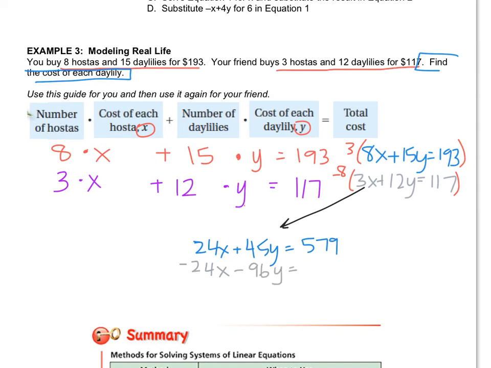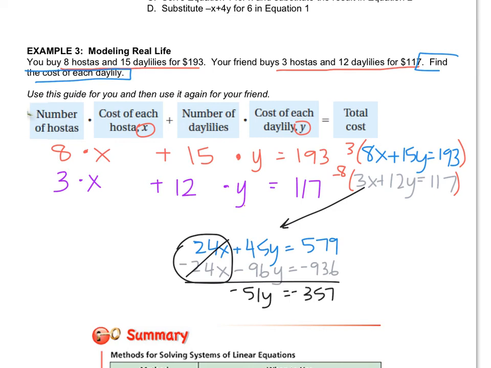And 8 times 117 is negative 936. Now I'm going to add them. The 24s will cancel. 45 minus 96, or plus negative, is negative 51y. And 579 plus negative 936 is negative 357.